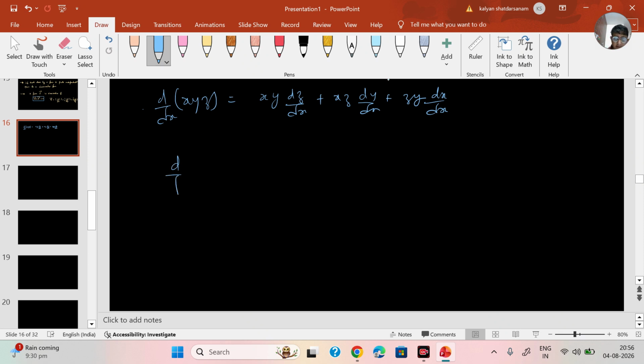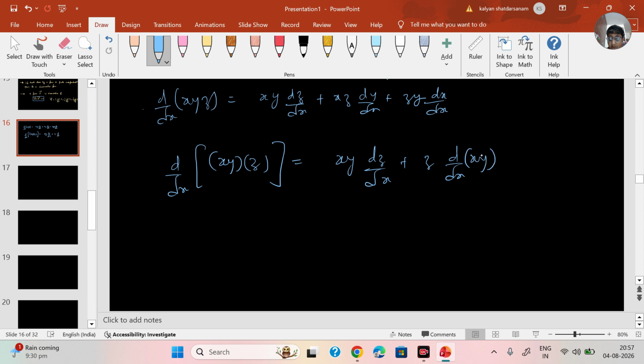Well, you can first consider xy as one term, z as another term, and apply product rule. Keep xy as it is, take derivative of z. Keep z as it is, take derivative of xy. But you can further expand this, right? So this term will become z into, keep x as it is, take derivative of y. Keep y as it is, take derivative of x.